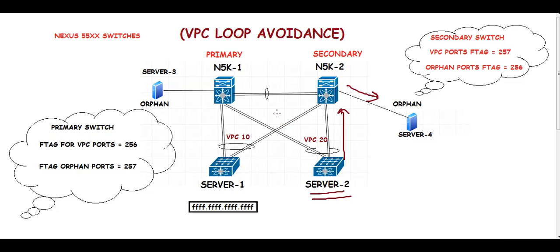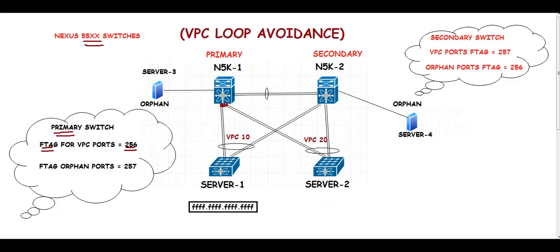Just to avoid these looping situations, in the 5500 switches we have a mechanism of FTAGs. The primary switch in the 5500 switches uses the FTAG value of 256. All the VPC ports will be part of FTAG 256.